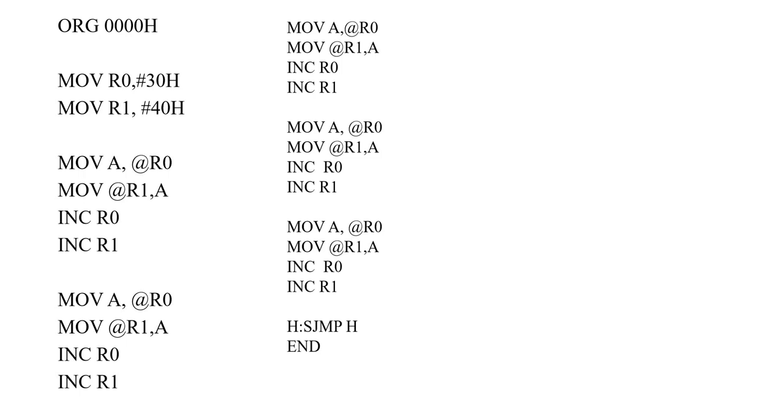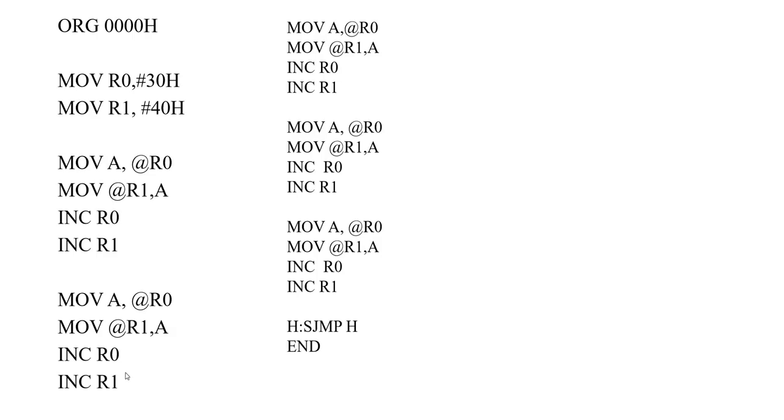If you want to transfer 10 data, you have to use 10 iterations. So we are done with the first iteration. Now the second iteration. Here the memory pointer R0 has become 31H and this has become 41H.